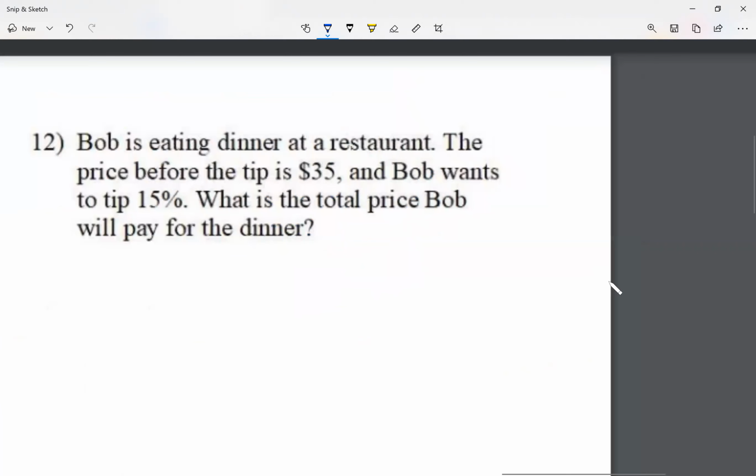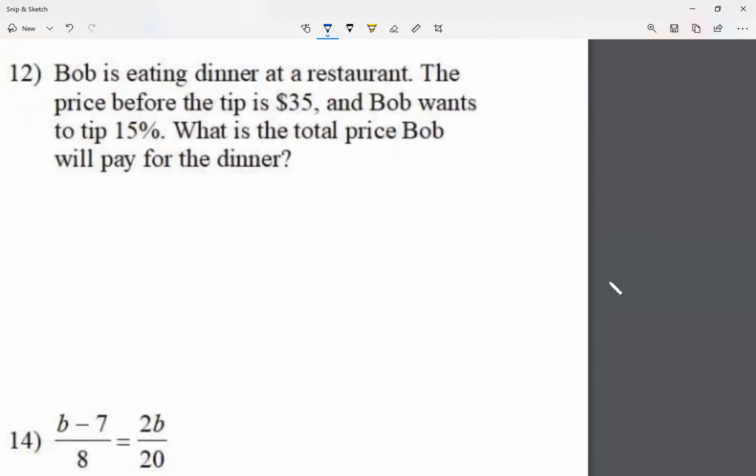Okay, now here, let's see, Bob is eating dinner at a restaurant. The price before the tip is $35, and Bob wants to tip 15%. What is the total price Bob will pay for the dinner? Okay, one thing here. The dinner is $35, right? So I'm going to say 100% is equal to $35. Now, I know he wants to add a tip of 15%.